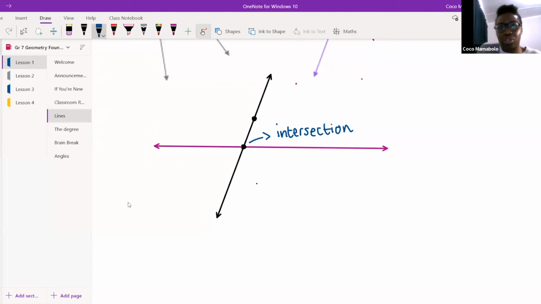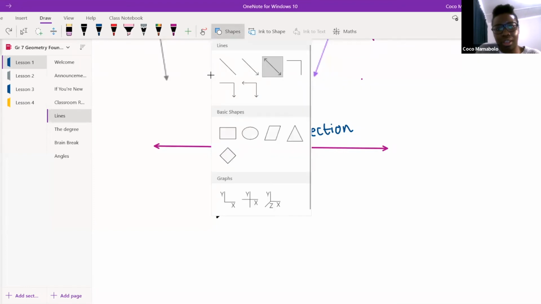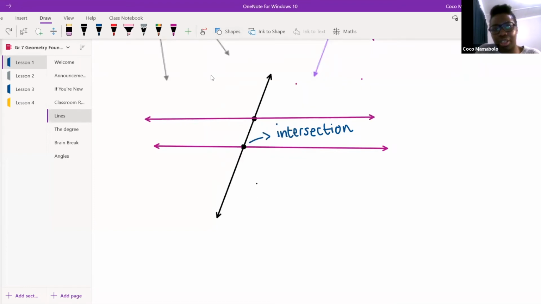But as soon as I draw another line, what happens if I draw another line like that? Oh, wait, let me draw a better line. What happens if I draw another line like that? How many times does my black line cut lines? 2 times. So what do we call that black line now?